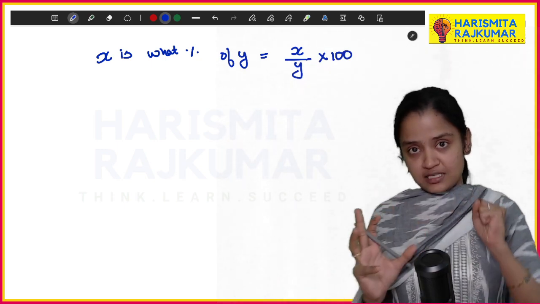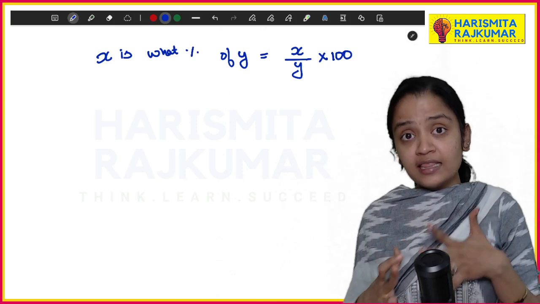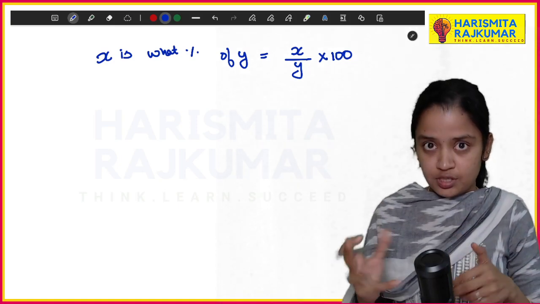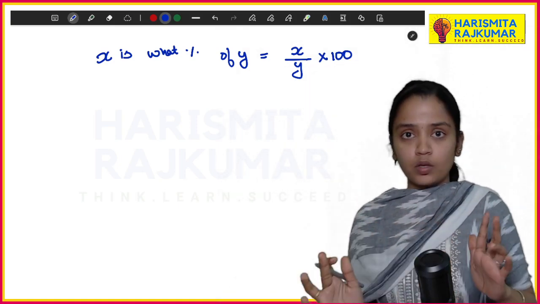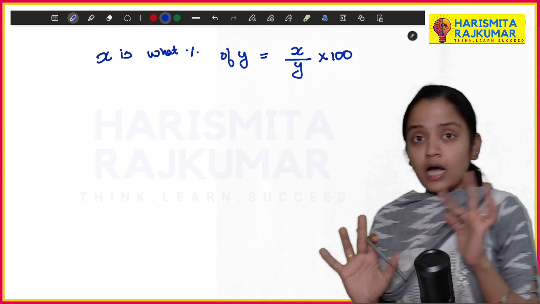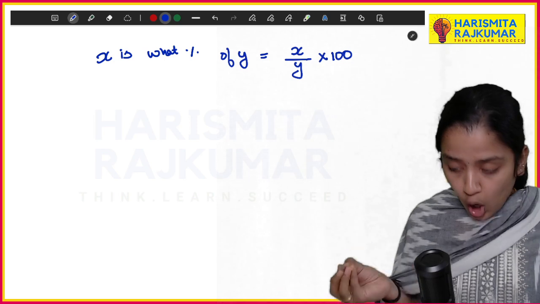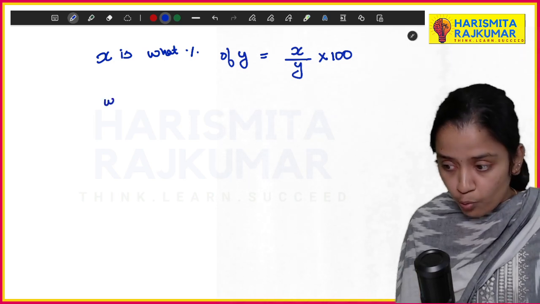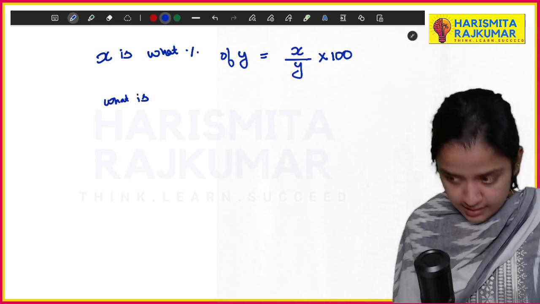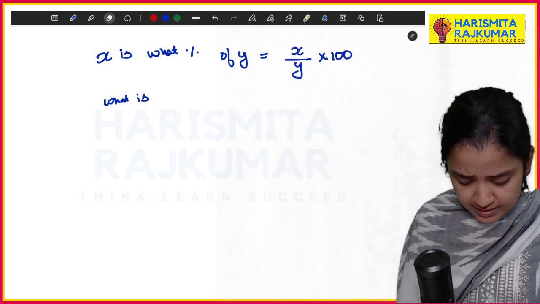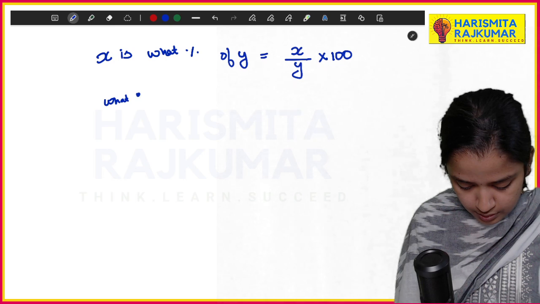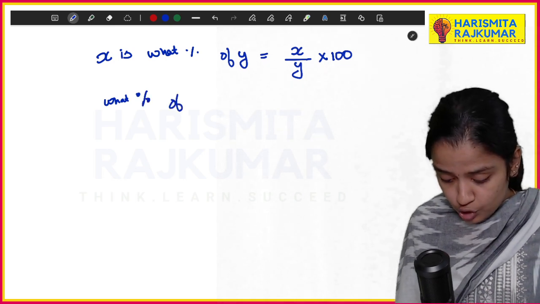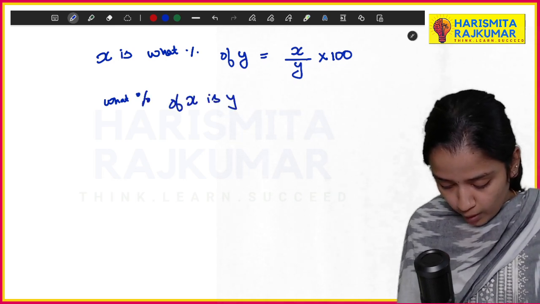You have X, and you're supposed to find the percentage in Y. They can also ask: what percentage of X is Y?